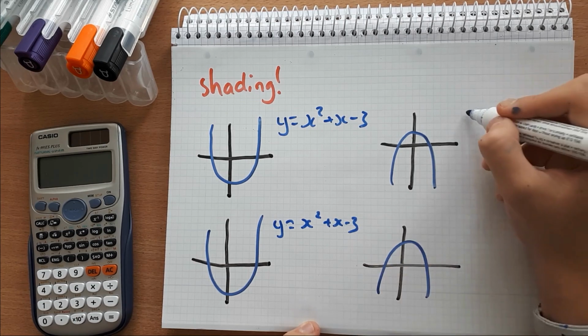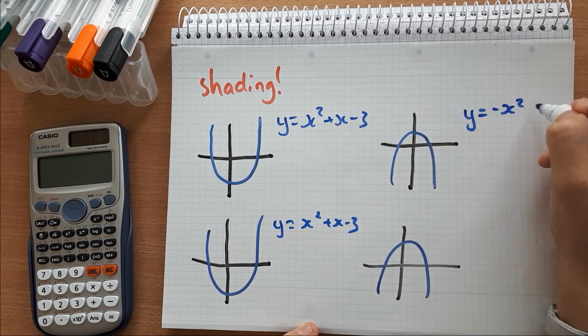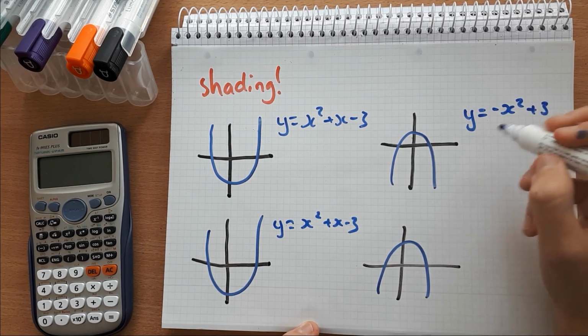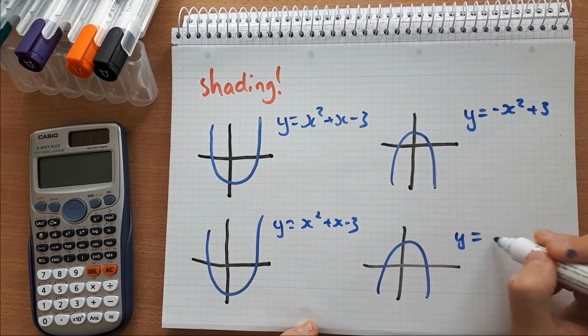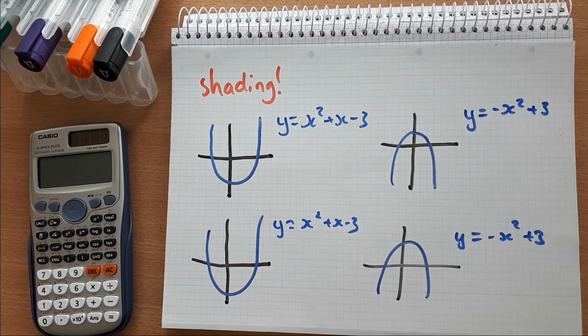And this one here is going to be y equals minus x squared plus 3. That's just literally the minus x squared curve moved up, but that's not for today. So here we have our curves.